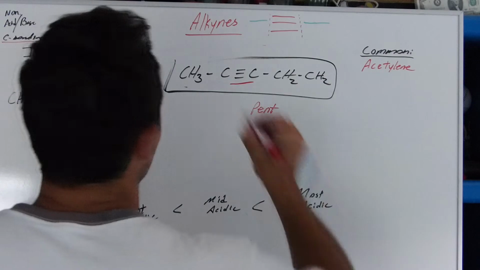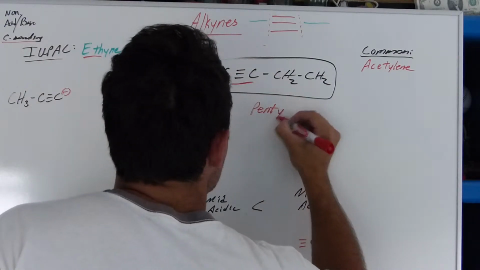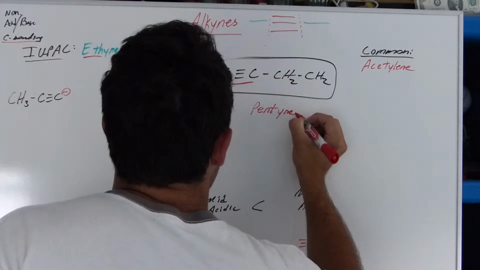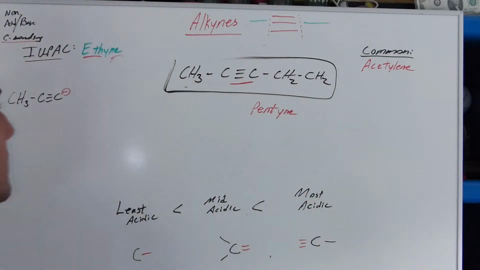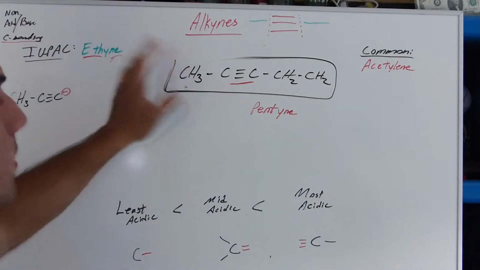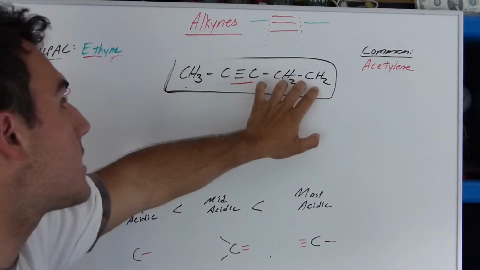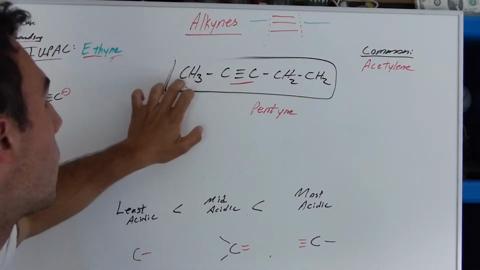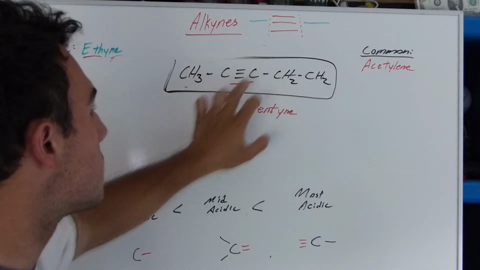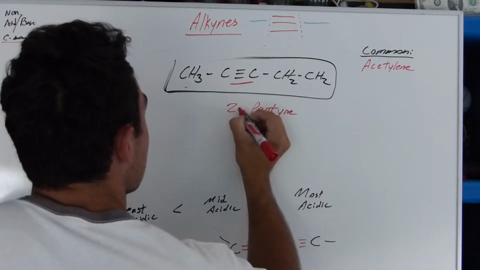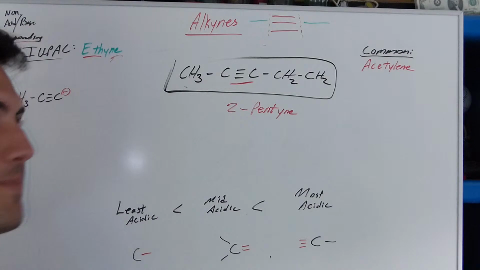So now we have to go by an alkyne. So now it's pentyne. So where is this located? Which carbon? We're not going from the highest number. We're going to the lowest number, 1, 2, rather than 1, 2, 3. So the correct name is 2-pentyne.